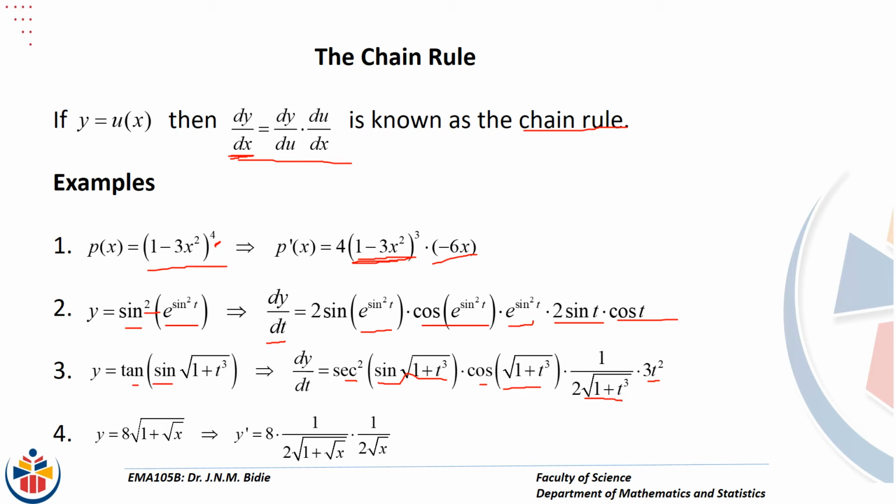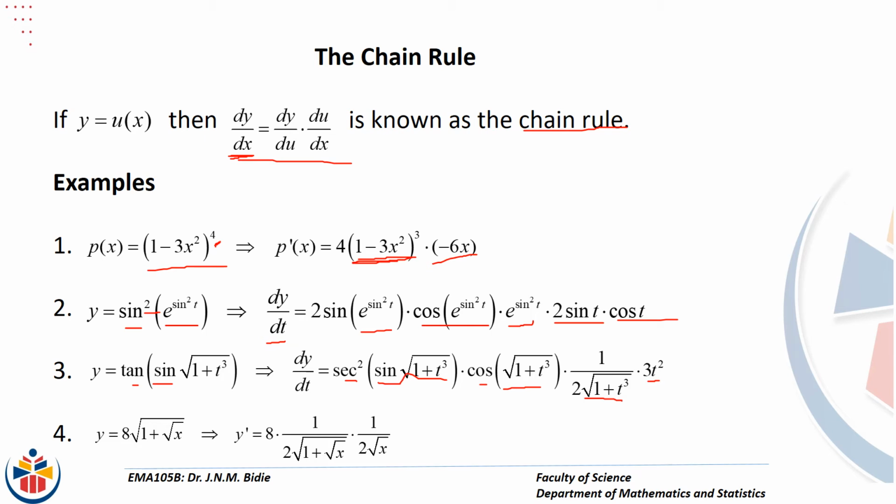Number 4. We've got 2 square root signs there. So y is equal to 8 into the square root of 1 plus square root of x. So y prime equal to, you remember you take out the constant 8, then you multiply by the derivative of the square root of 1 plus root x, which is 1 over 2 root of 1 plus root x, times the derivative of what's under the big square root.